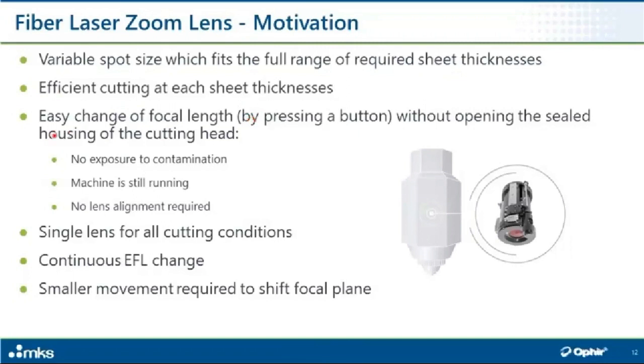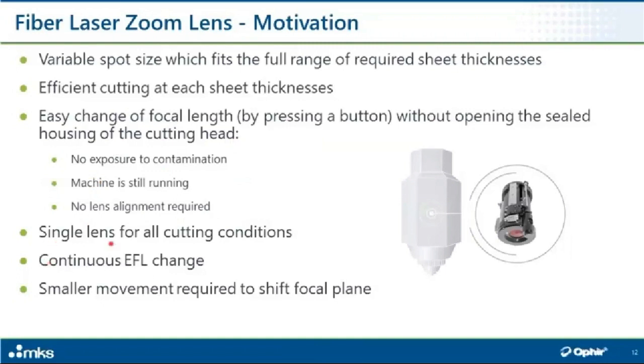This gives us the ability to change the focal length by pressing a button without opening the sealed housing of the cutting head. So consequently, there is no exposure to contamination, the machine is still running because we only have to push a button. We do not have to replace the lens, and therefore no lens alignment is required when you change the focal length.